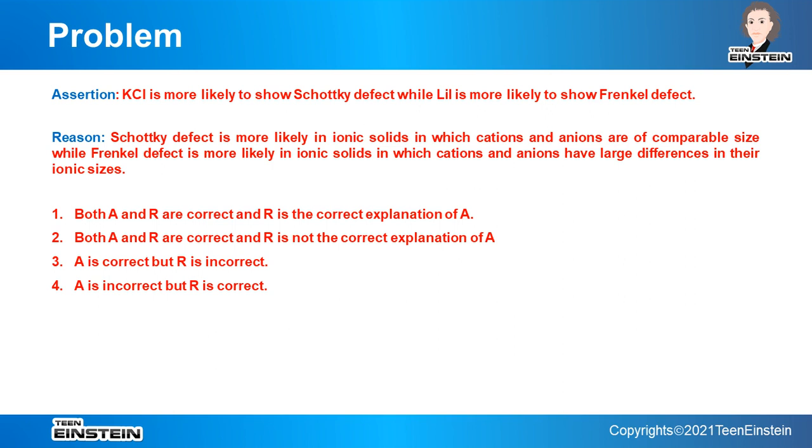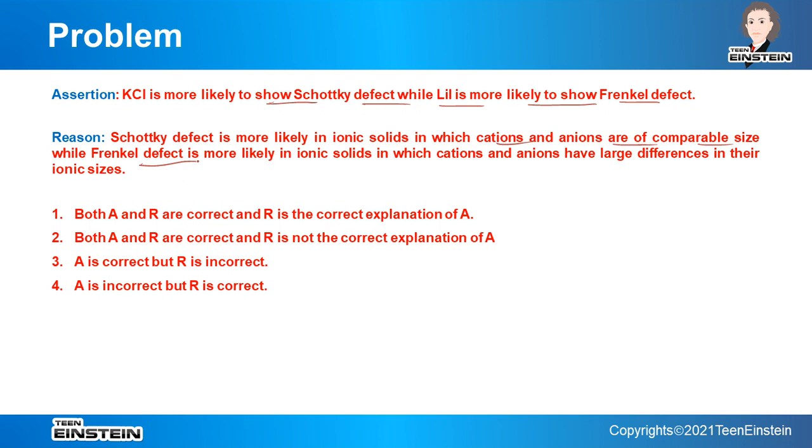Another problem, this is an assertion reason type of problem. In the assertion, the statement given is: KCl is more likely to show Schottky defect, while lithium iodide is more likely to show Frenkel defect. And the reason statement given is: Schottky defect is more likely in ionic solids in which cations and anions are of comparable size.